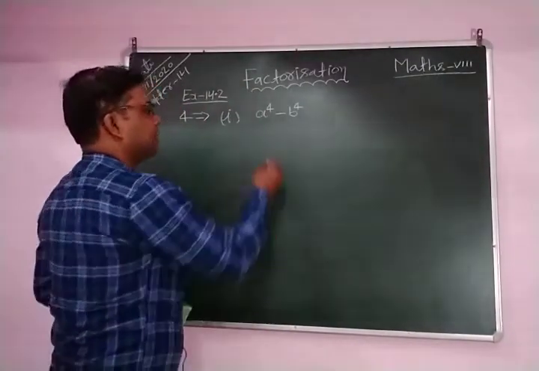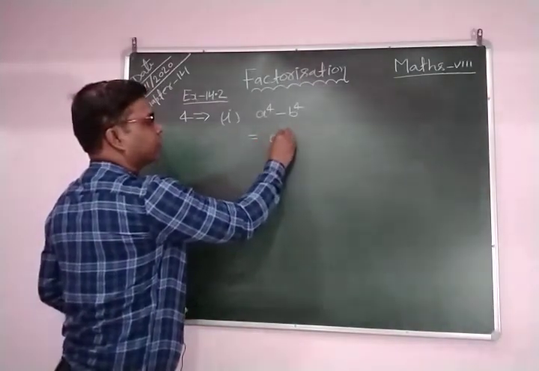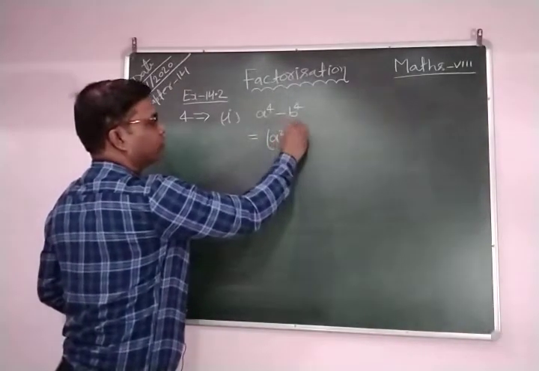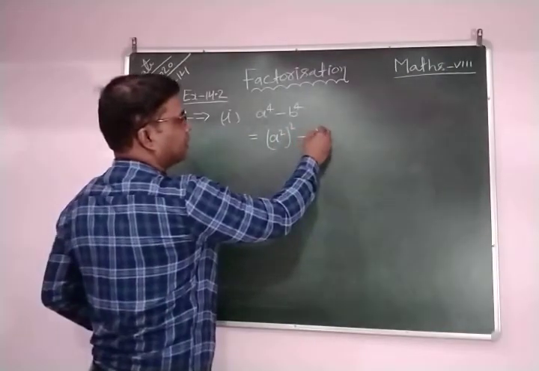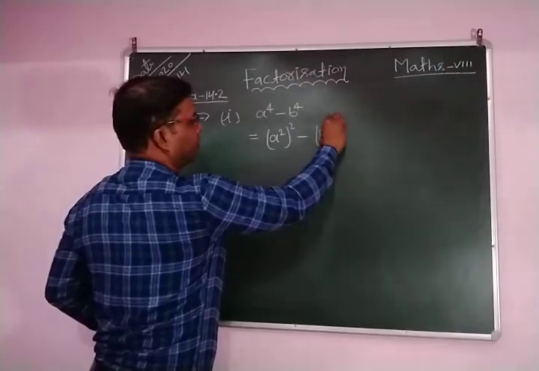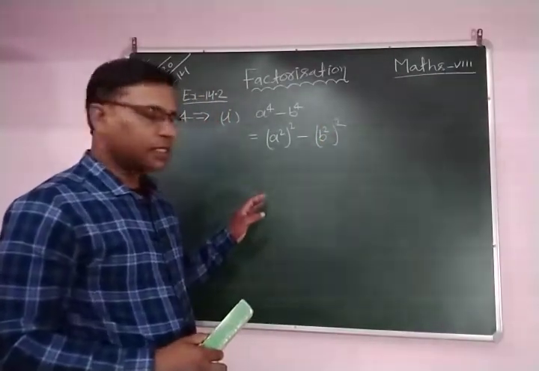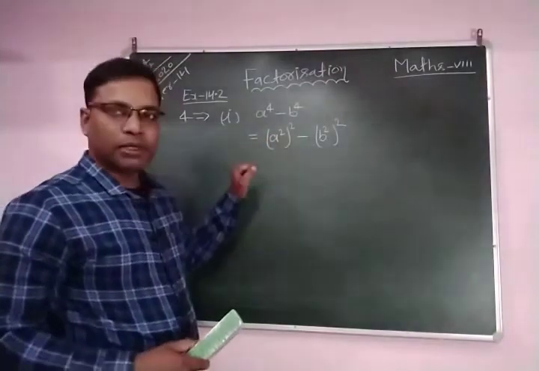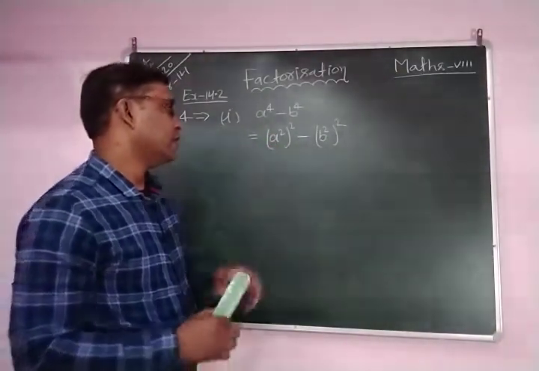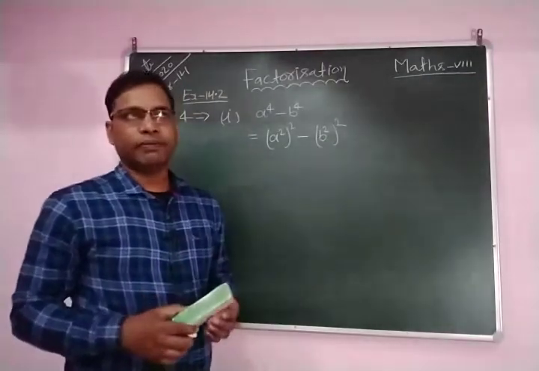You can write it as it is: a square whole power 2 minus b square whole power 2. You can either factorize directly, or if you face any problem, you can take a square equal to x and b square equal to y. After this you can solve easily.